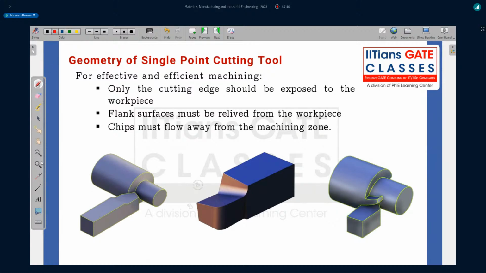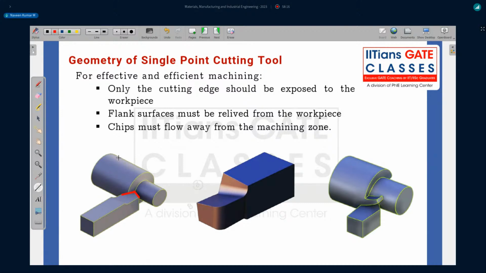Red. Okay. So this is one of the cutting edges, that is the main cutting edge, and this is another cutting edge, that is the side or auxiliary cutting edge. Only these two cutting edges have to be in contact with the workpiece. That is aim number one.